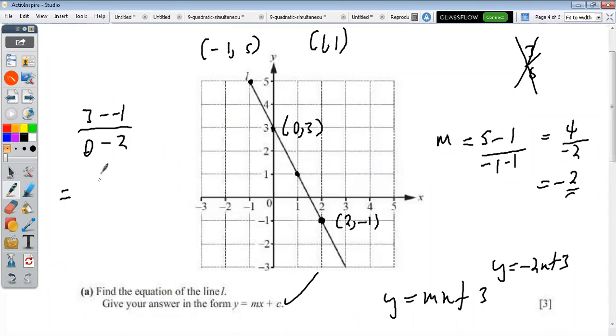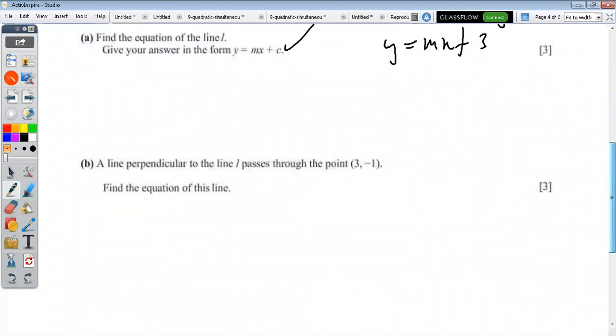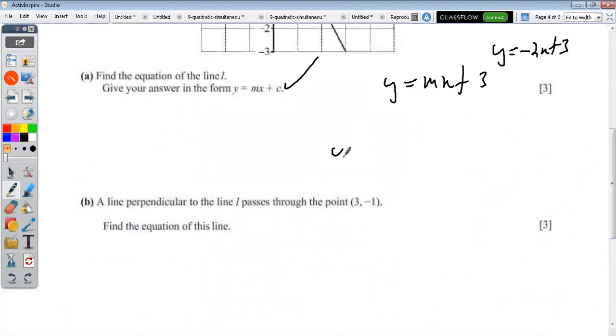Can you see that you get the same gradient? 4 over negative 2. You always get the same gradient on a straight line. Is that clear? The danger in picking some points is you are not sure whether it's half or what. You pick values that you can get the exact values out so that you don't make a mistake. So we now know the equation of this line is minus 2x plus 3.